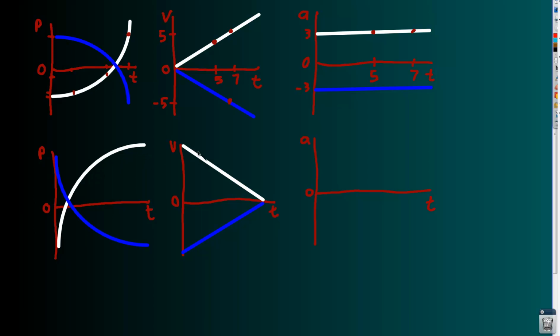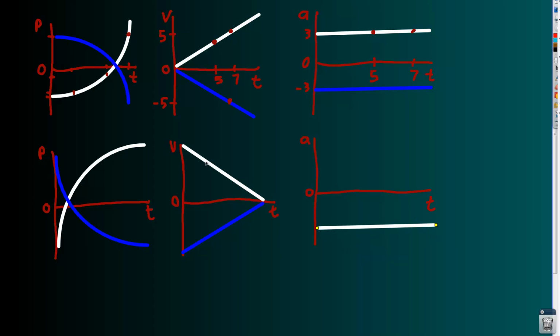So our velocity is getting towards more and more negative velocities. We did stop here, so we're not going into negative velocities, but we're moving towards this negative area on the velocity graph. That means our slope of our velocity graph is negative, and that means our acceleration is negative.